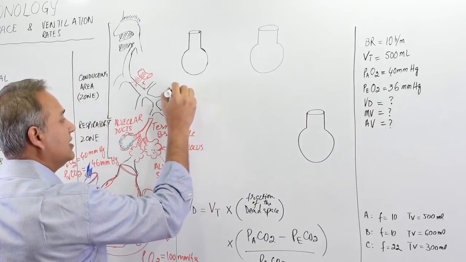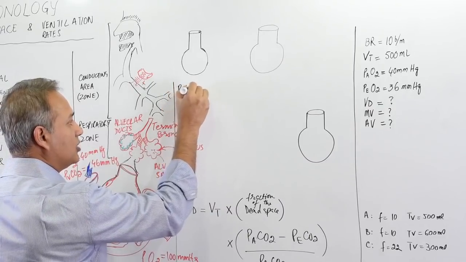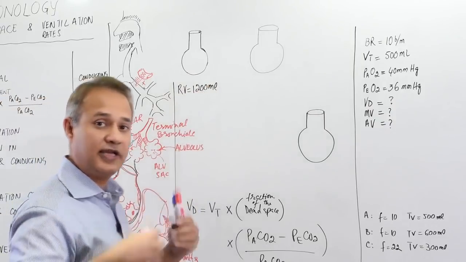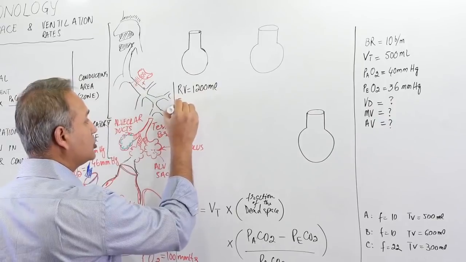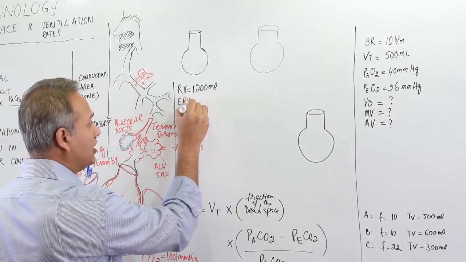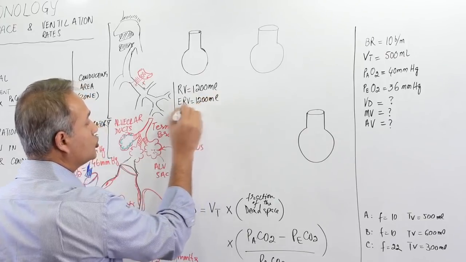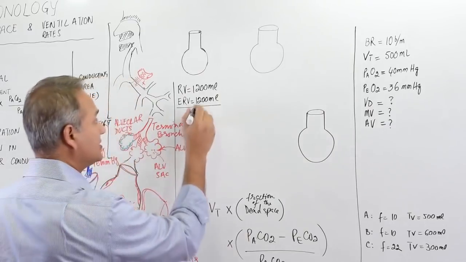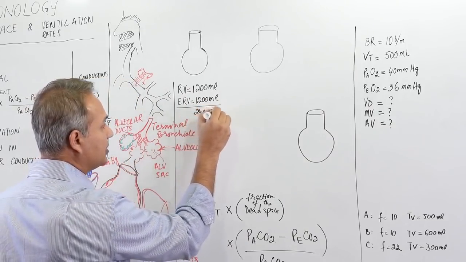The residual volume is the gas that is always present in the lungs. So the total volume in the lung is 2400 milliliters.